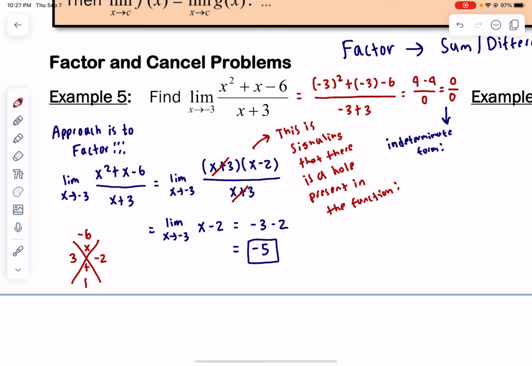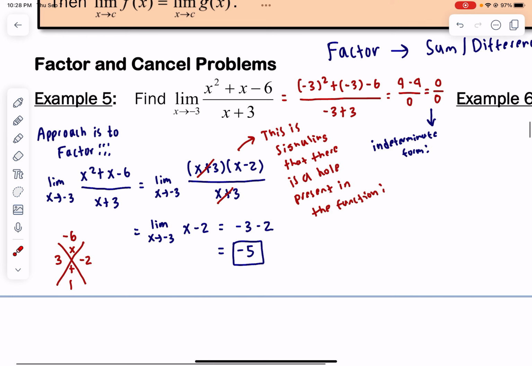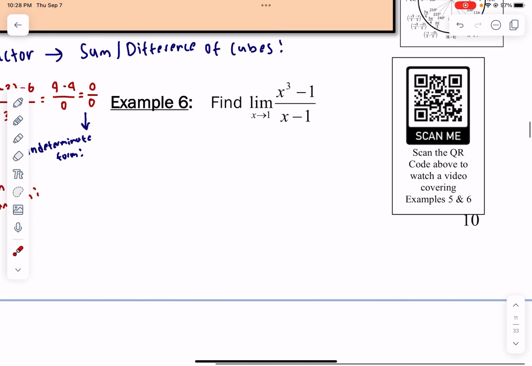Okay, and we'll talk more about what that means in the next few sections. But for right now, I just want you to be able to factor. So that is the key idea, being able to factor. So in example number 5, we were able to factor a quadratic expression. Now let's go on to example number 6.